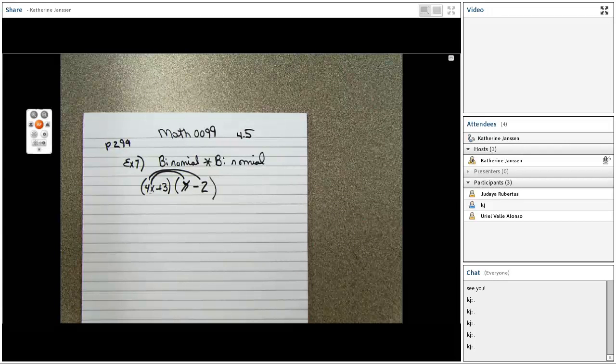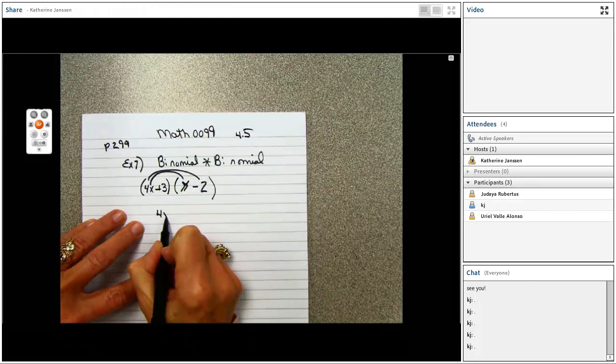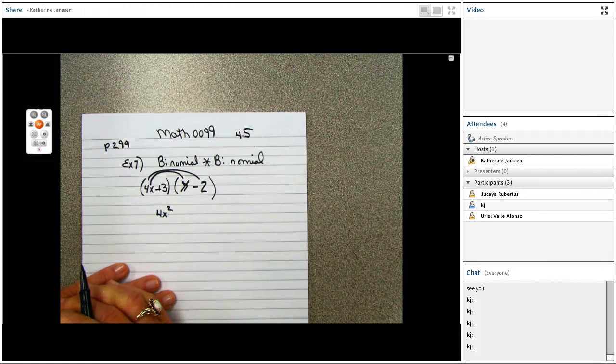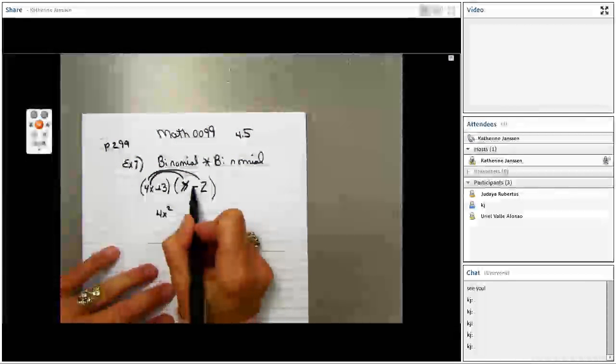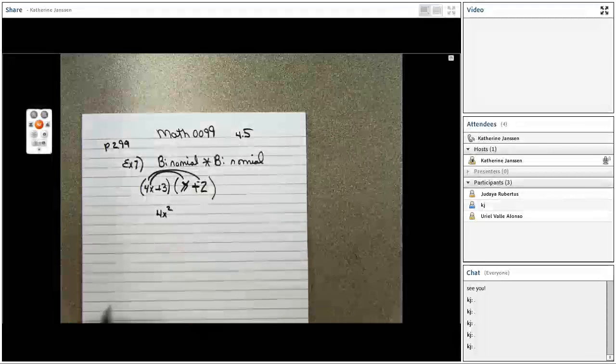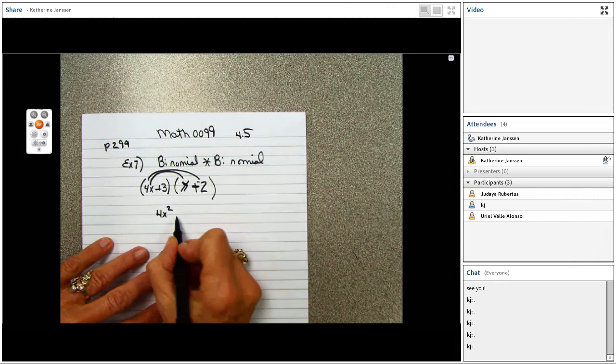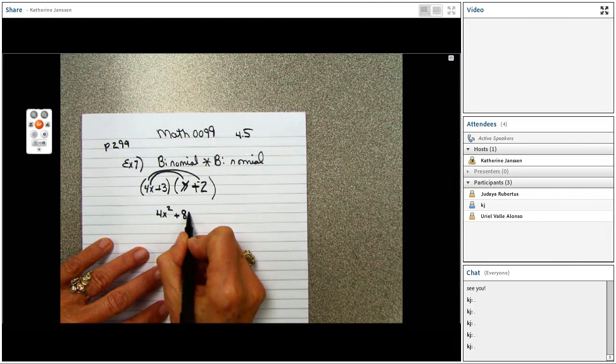So it's distribution of every term in the first polynomial times every term in the second polynomial. So 4x times x would be 4x squared. This is subtraction. I'm going to change to addition and add the opposite so I get my sign under control. And now 4x times a negative 2 would be a negative 8x.